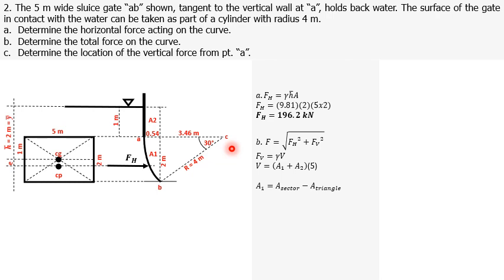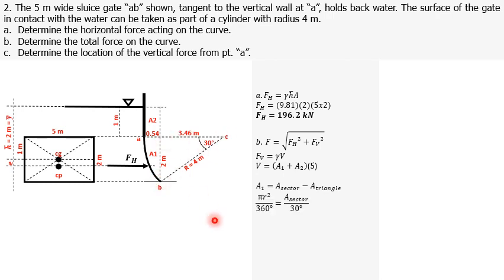0.54 meters. Next, we solve for area 1, which is equal to the area of the sector minus the area of the triangle.